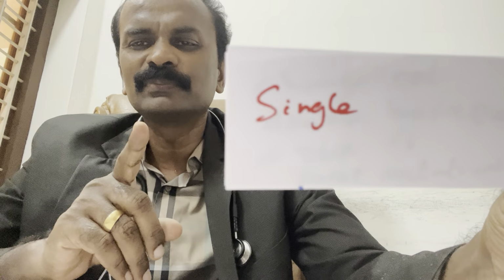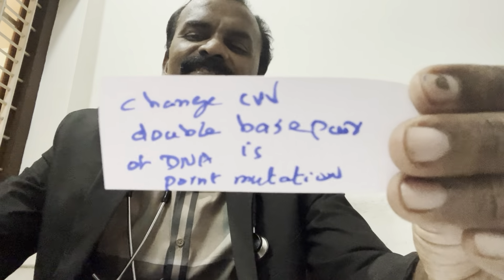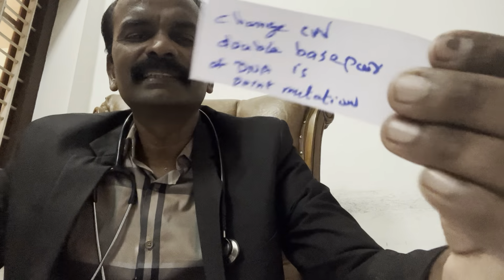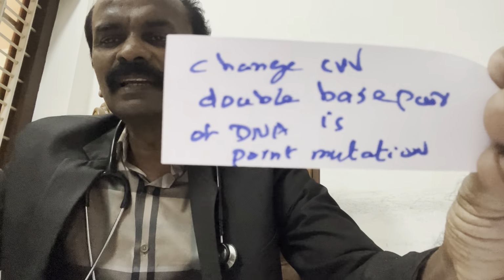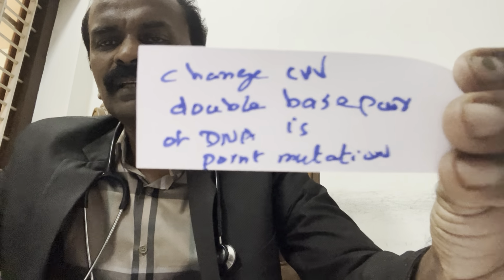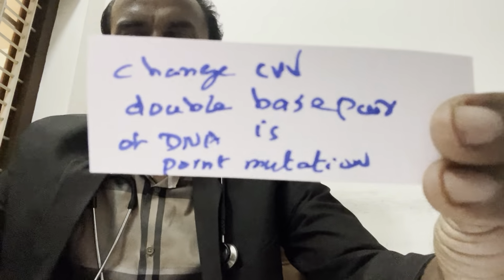Very repeat MCQ. So many times they have asked. Single. So what is the answer? Change in single pair of DNA is called point mutation. This itself is a separate MCQ.